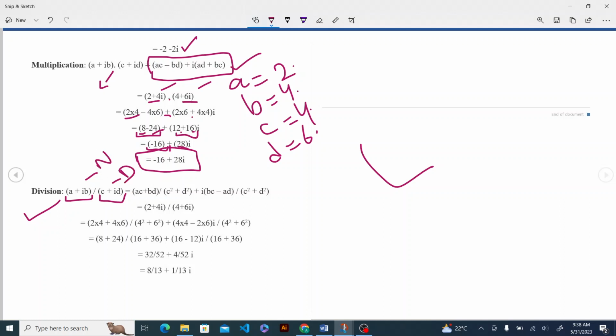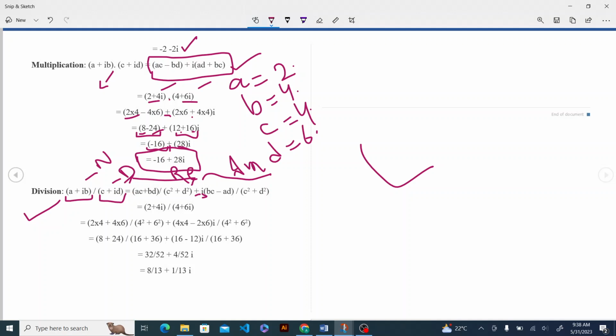So the formula is (ac plus bd) divided by (c square plus d square), this is one part for division, and then plus, this is the second part. You can say this will produce the real part, and this will produce the imaginary part for the quotient. Okay, the answer for the division, because here the iota sign is present.